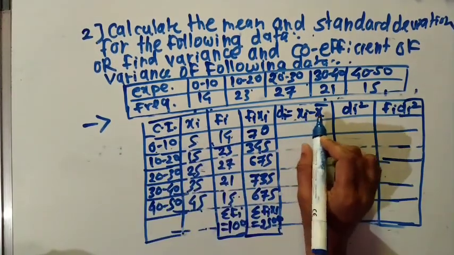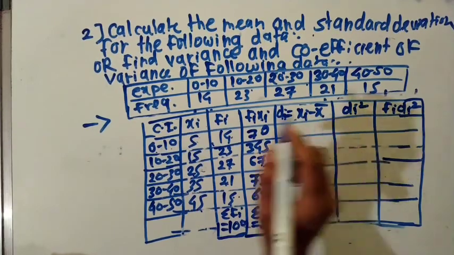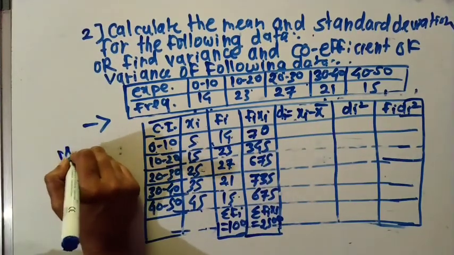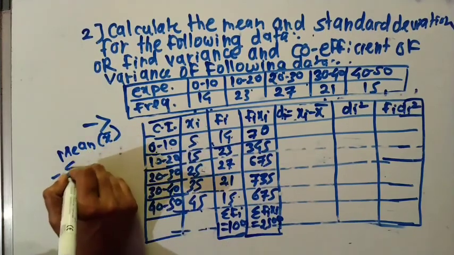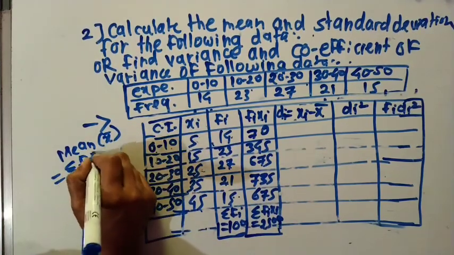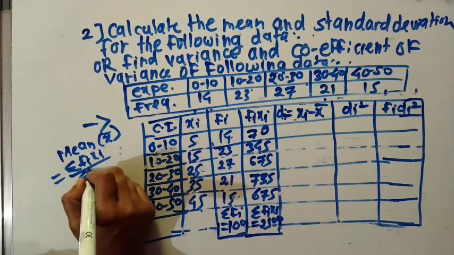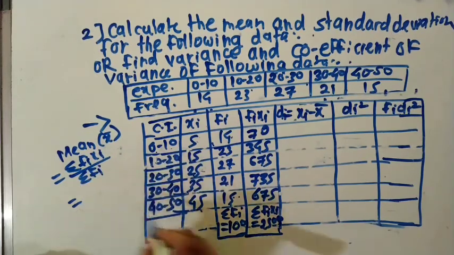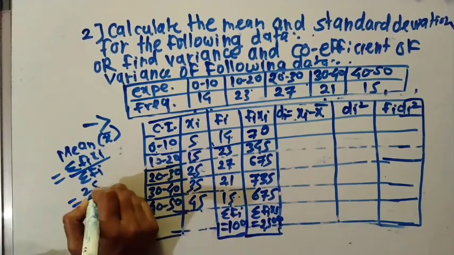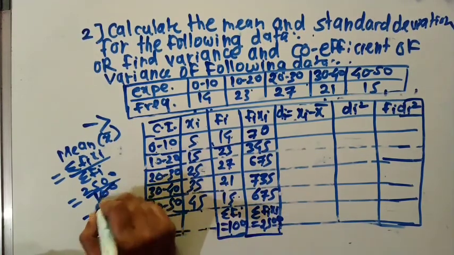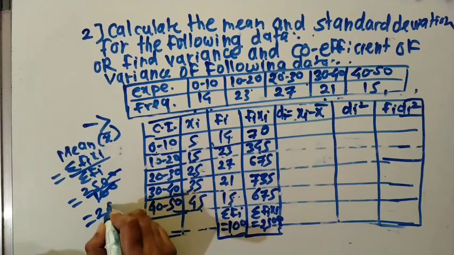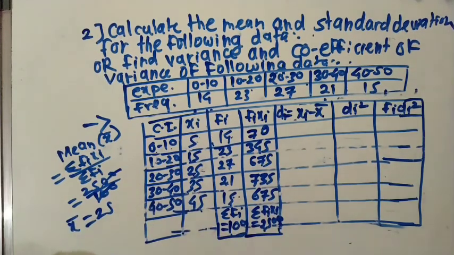Hence, first find out the mean. x bar is equal to summation of fi xi upon summation of fi, which means 2500 upon 100. So the zeros cancel, and it is 25. Mean x bar is equal to 25.